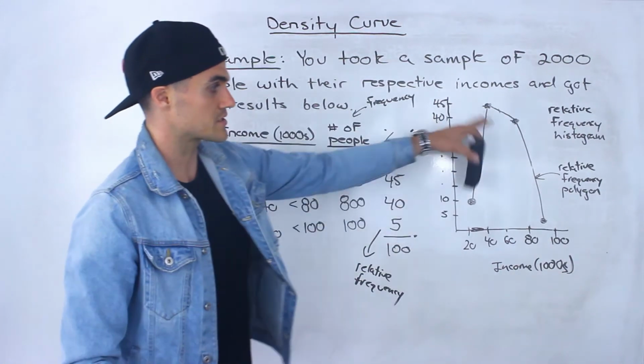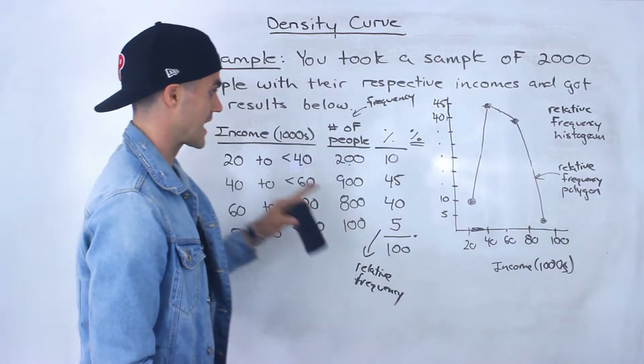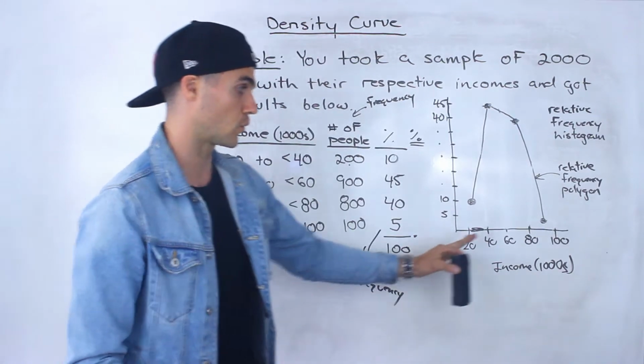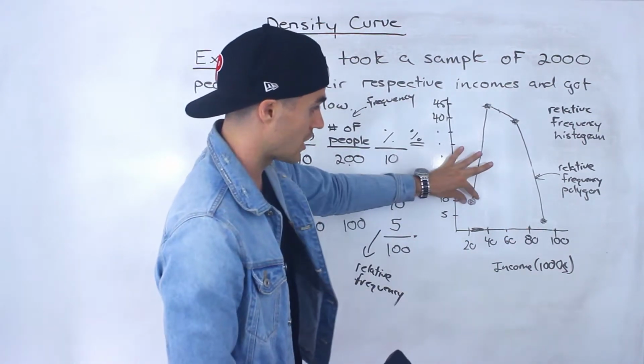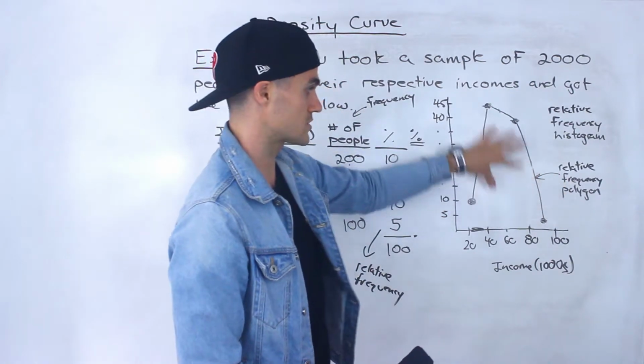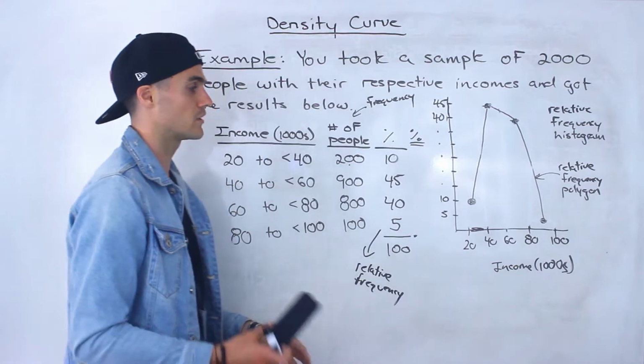So the number of dots of a polygon is always going to be the same as the number of intervals that you are working with, right? Because remember, these dots, they're always going to be in the middle of each of the intervals that you have. So the number of dots is going to be the same as the number of intervals.